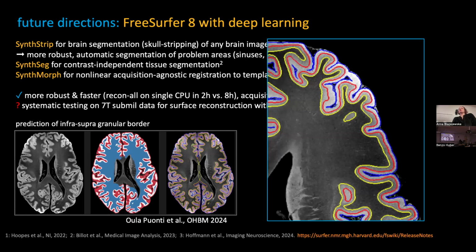And sure, this is ex vivo data, but you can see that there is interest in looking into these cortical layers, and I know that they're also trying to test it on in vivo data. So there are more developments going on in the direction of high resolution and laminar analysis.